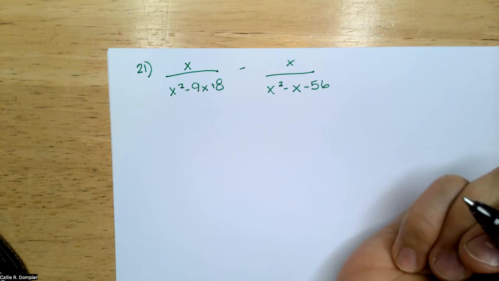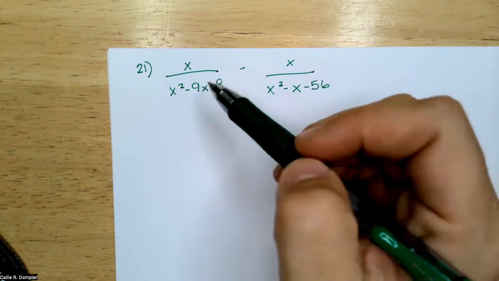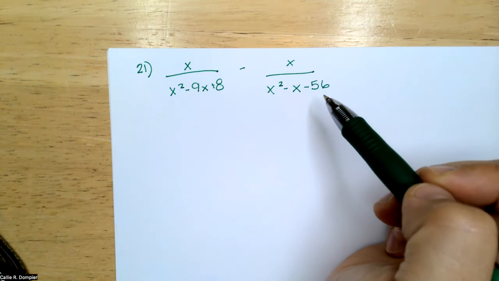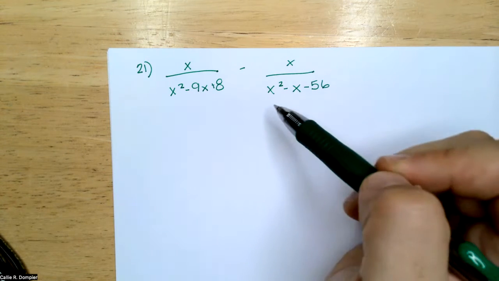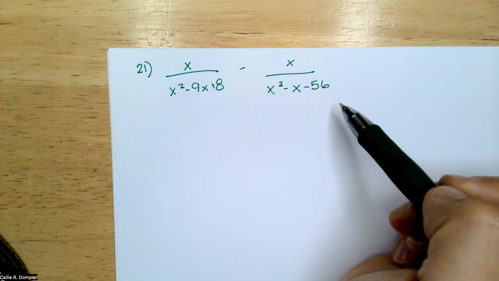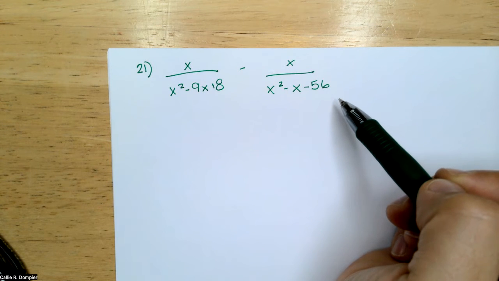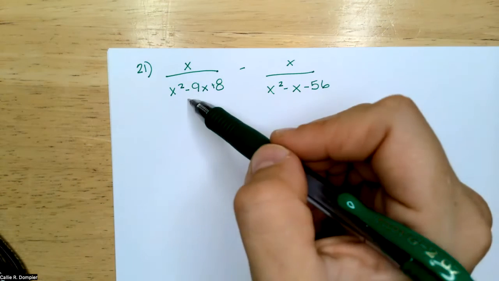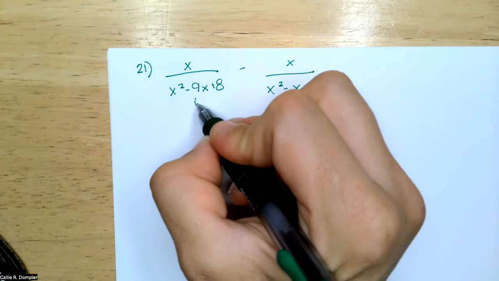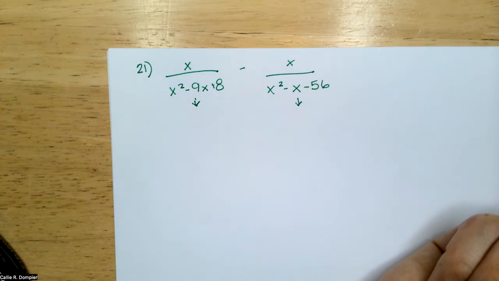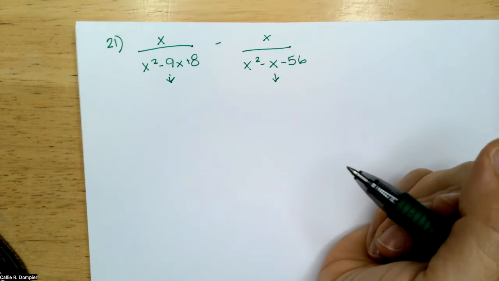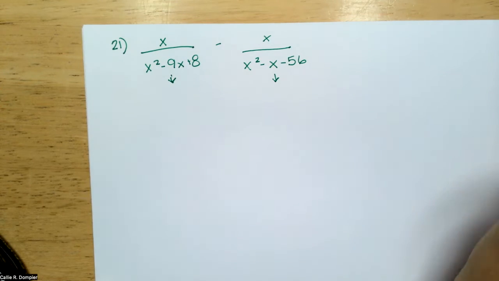You can technically multiply this by this and this by this to get a common denominator, but it would take a long time if you didn't leave it in factored form. What MyMathLab wants you to do is factor each of these in order to find the common denominator. And as I do it, it might become clear why they want you to do that.